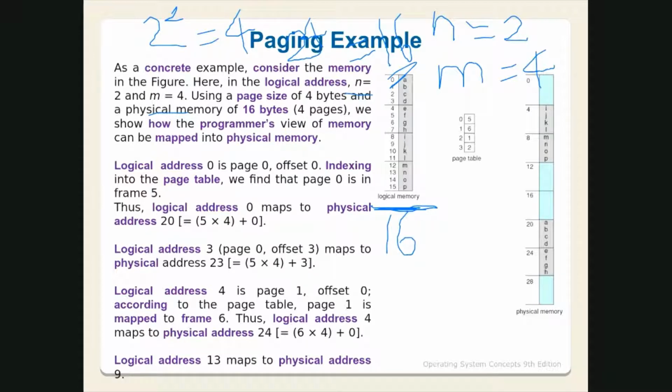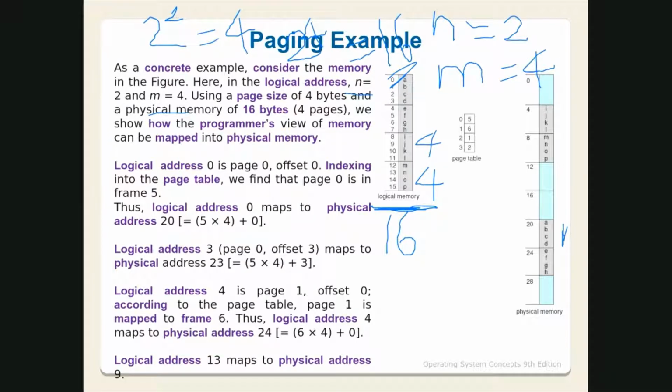So what is this n equal to 2? 2 power 2 equal to 4. That is the block size. So the block size is 4 bytes. Can you see the block size? Every block is 4 bytes. It contains m, n, o, p, 4 bytes. I, j, k, l, 4 bytes. Even the frame, I told you, the frame size is equivalent to the page size.